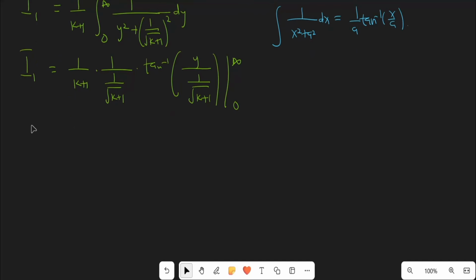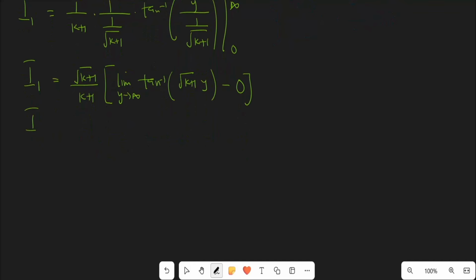Now this times the reciprocal is going to be the square root of k plus 1 over k plus 1. And then we take the limit as y approaches infinity of the tan inverse of the square root of k plus 1 times y, minus plugging in 0 as the lower limit. Tan inverse of 0 is 0, right?